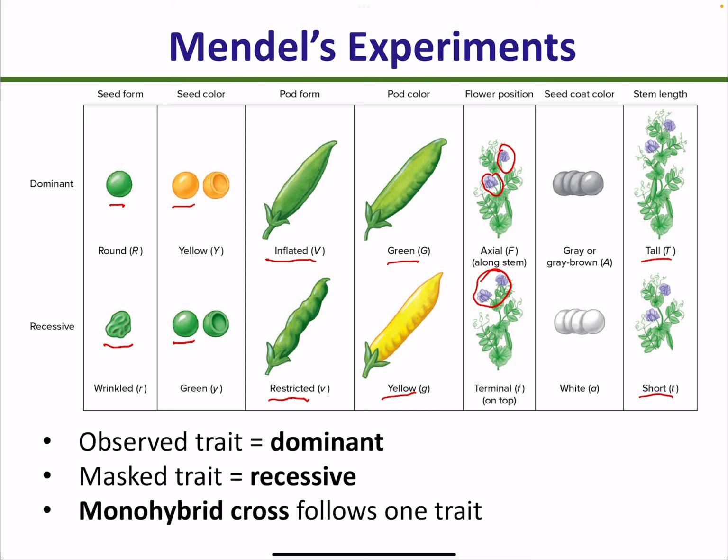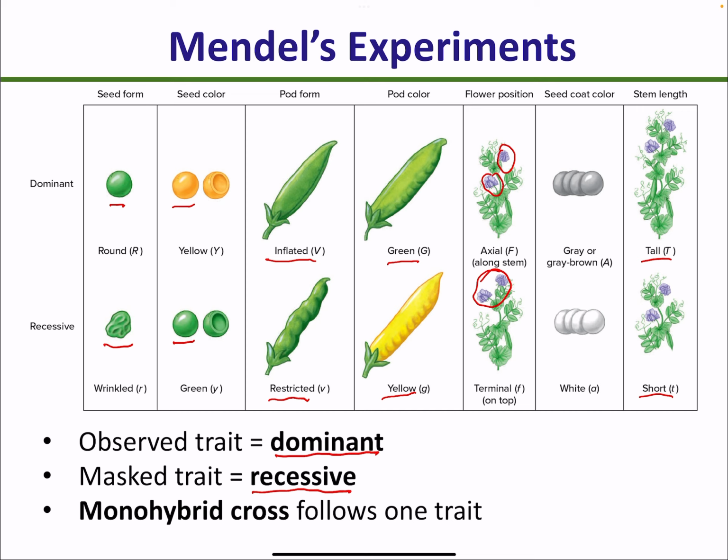He said that while some traits are dominant, other traits are recessive. Dominant is always systematically expressed over recessive, and the recessive trait will only be expressed when the dominant trait is not there.